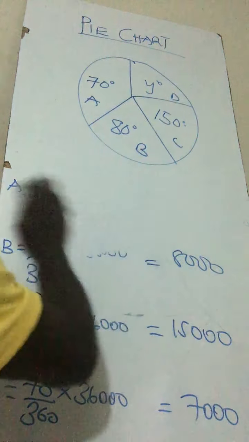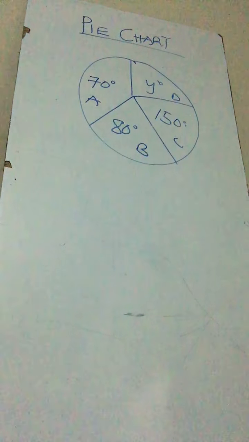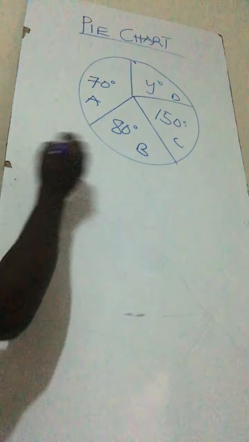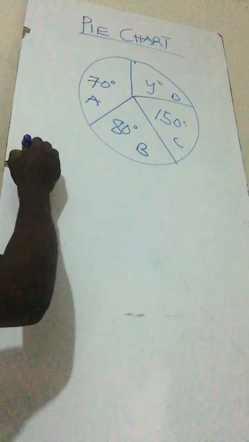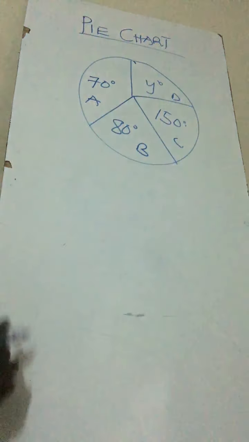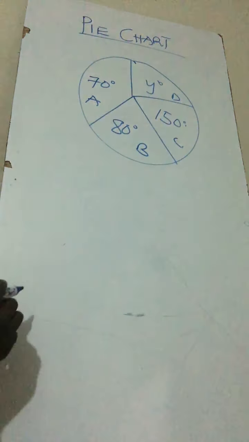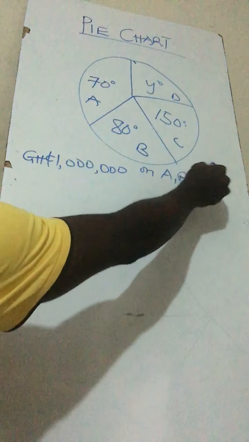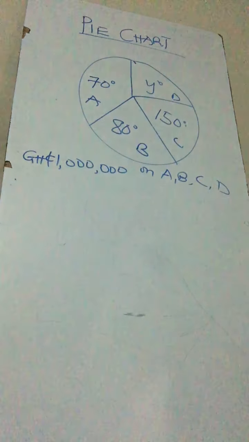Let's say this is the question we've been given, and then we've been told that the government spends his total expenditure of 1 million Ghana cedis on A, B, C, and D, right?